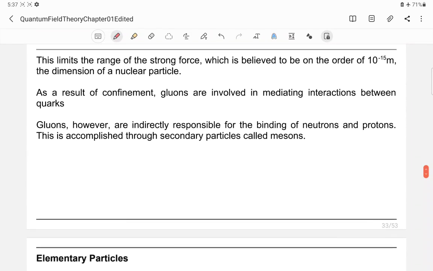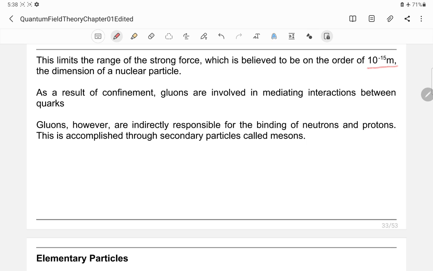So that limits the range of the strong force, and it's believed to be on the order of a femtometer, within the radius of the proton and neutron.